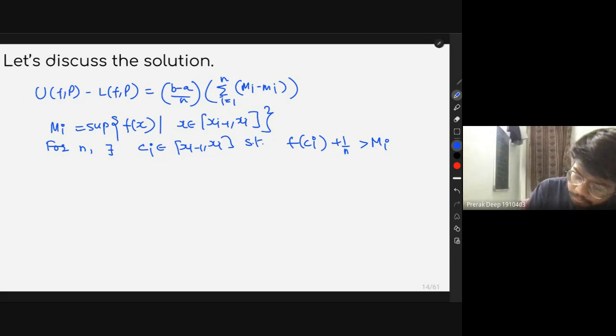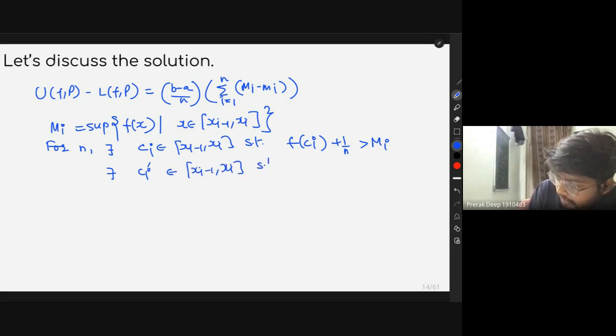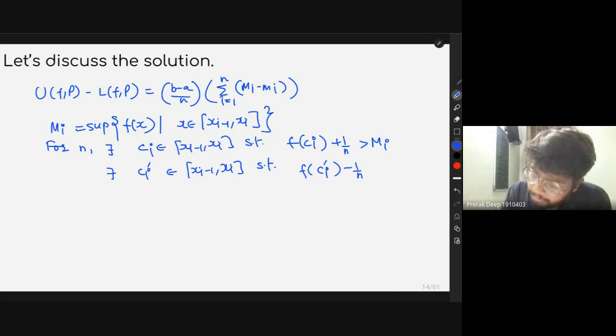Similarly, you can also find some ci prime in this interval such that if you subtract 1 over n from this ci prime, it will be smaller than mi.